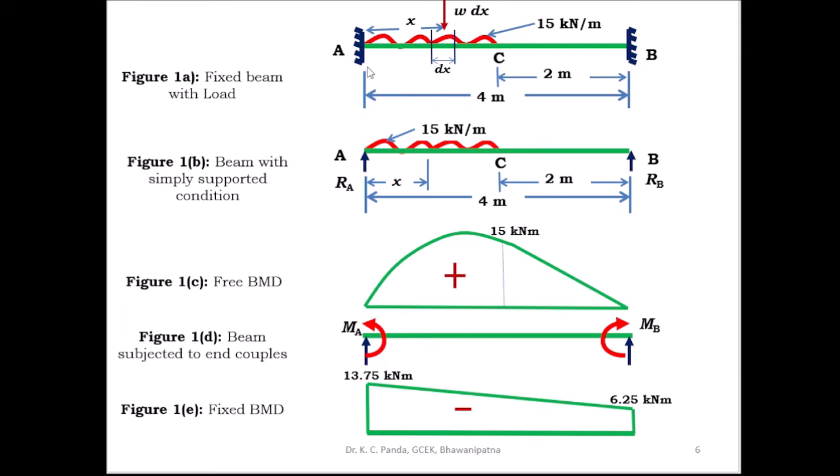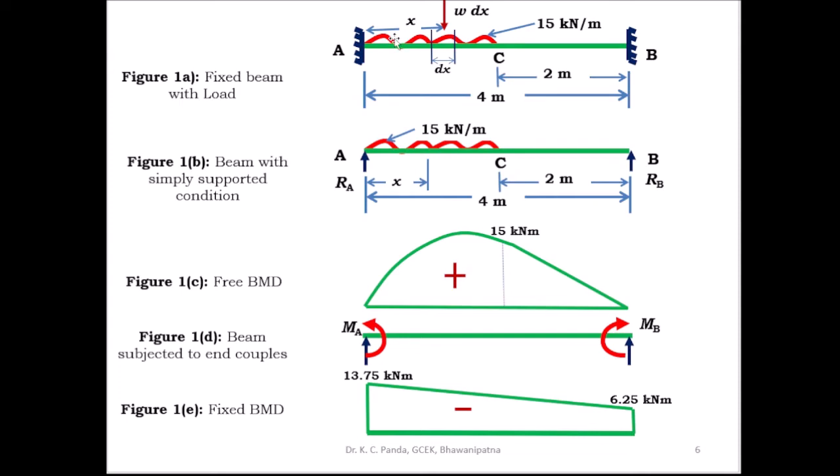This side, dMA is equal to minus W dx into x into (4 minus x) square by 4 square. Similarly, dMB is equal to minus W dx into x square into (L minus x), that is (4 minus x), divided by 4 square.